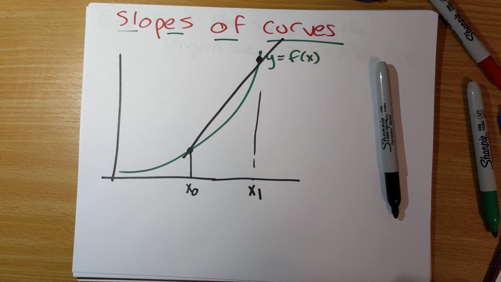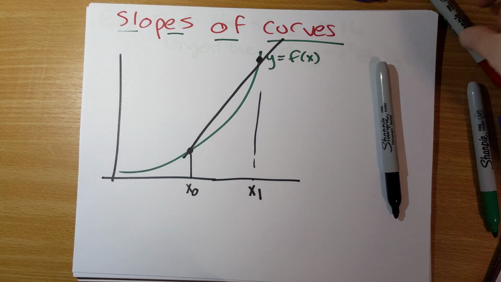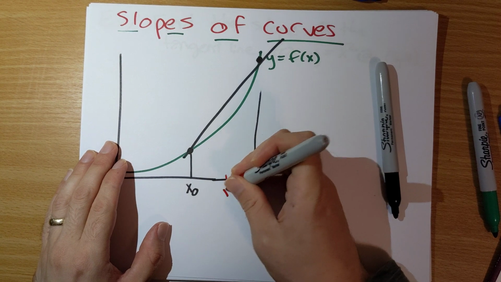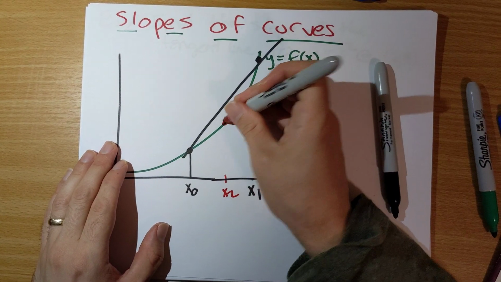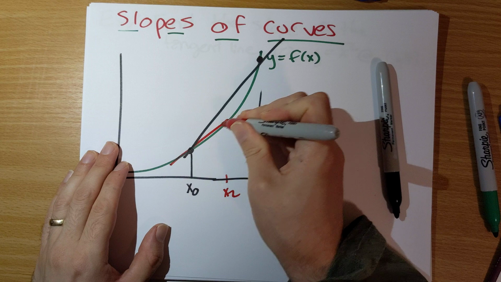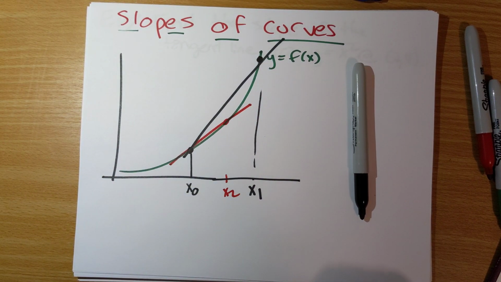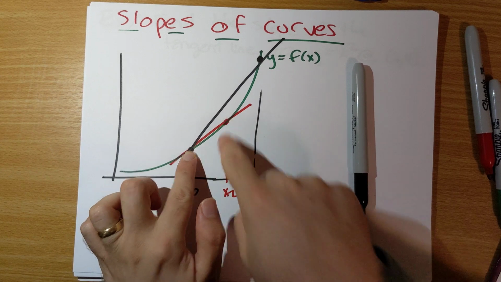But we could say, well, what happens if we make the interval smaller? Let me say x2 is this point here. And so we can figure out the slope of the secant line from x0 to x2.